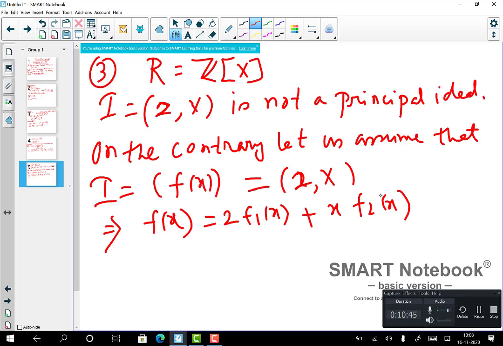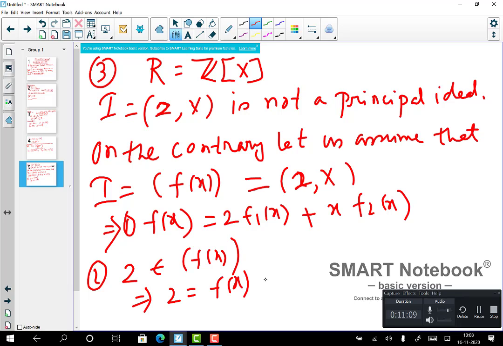And also 2 belongs to this ideal. So what does that mean? If 2 belongs to the ideal generated by f(x), that implies that 2 will be some f(x) times some g(x). That will force f(x) to be a constant.